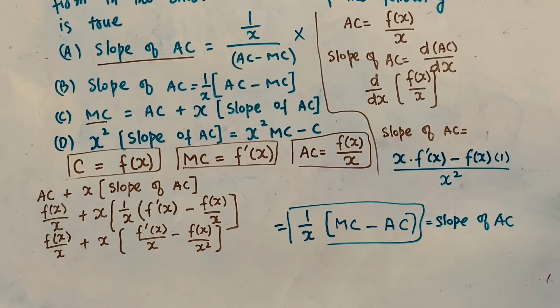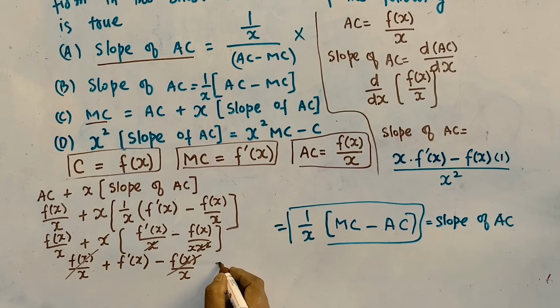Let us solve it further. This x is multiplied to each of these terms. Here one x gets cancelled, so we are left with f of x upon x plus f prime x minus f of x upon x. This and this get cancelled, and we are left with f prime x.